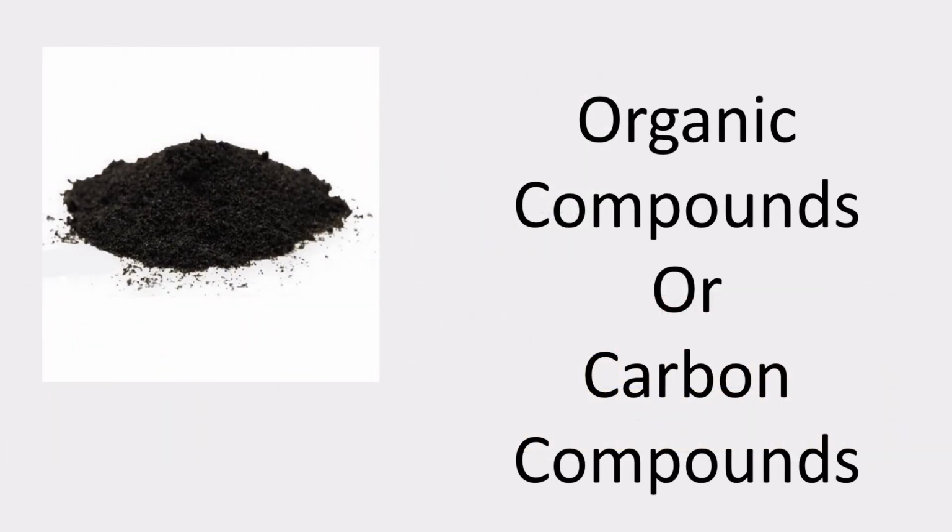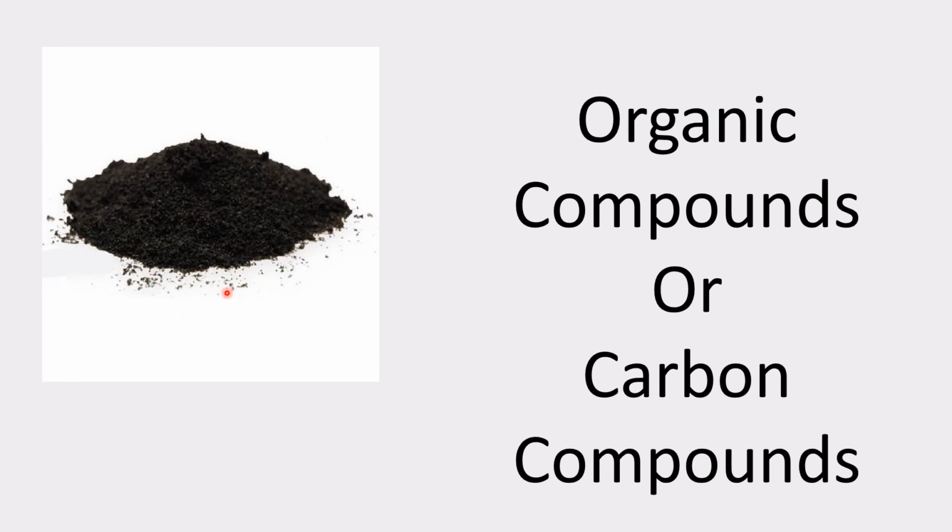Now we'll see the next part, organic compounds or carbon compounds. In case their combustion is not complete, combustion being burning, then black colored carbon remains behind as residue. When complete combustion does not take place, black colored carbon remains behind.